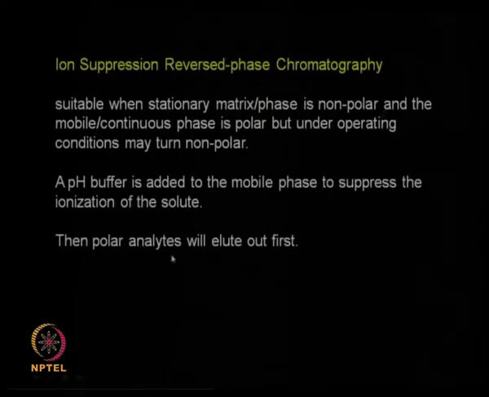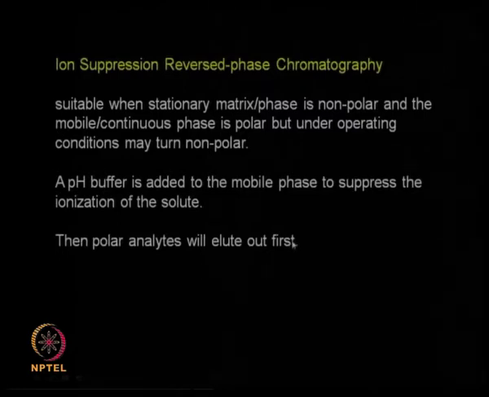So what happens? The polar analytes will elute out first, non-polar analytes will elute out later, because your stationary phase is non-polar, that is why you have the reverse phase. So the ion suppression is achieved by adding a pH buffer, so it prevents the ionization of the solute, okay, and then you have a reverse phase stationary phase, so the polar analytes will be coming out first.